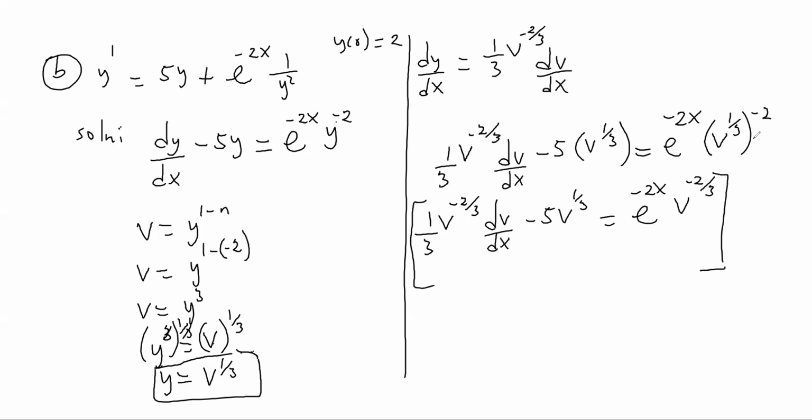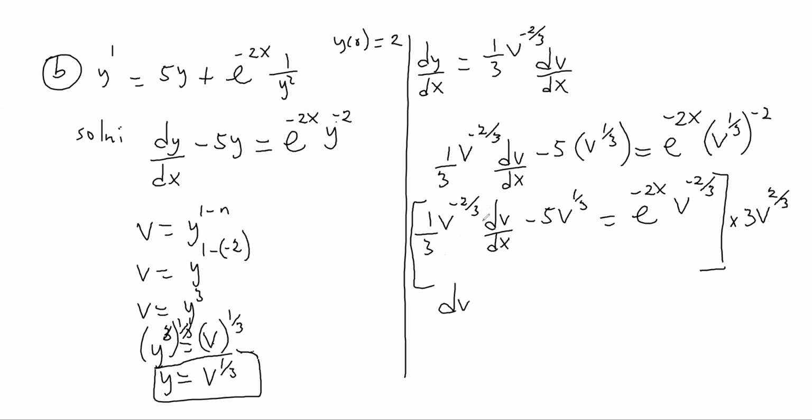So what I want to do, I want to multiply this by the term wherein I will only have dv by dx. So since this is free, I'm going to multiply by 3. Now look at the v raised to the minus 2/3. Since it is negative, I will take positive. So if I multiply this by this expression, this 3 will cancel this 3, and this v raised to the 2/3 will cancel out with v raised to the minus 2/3.